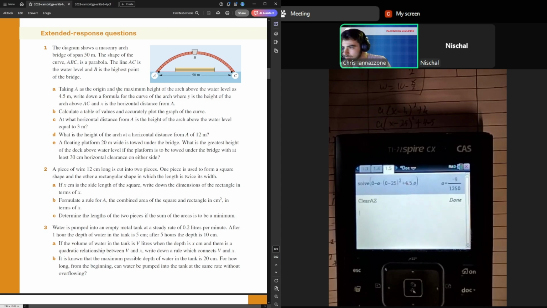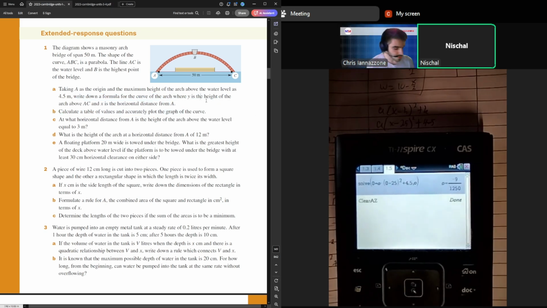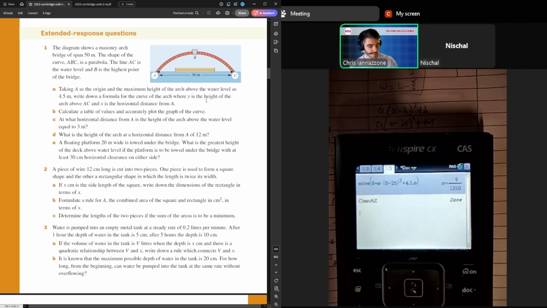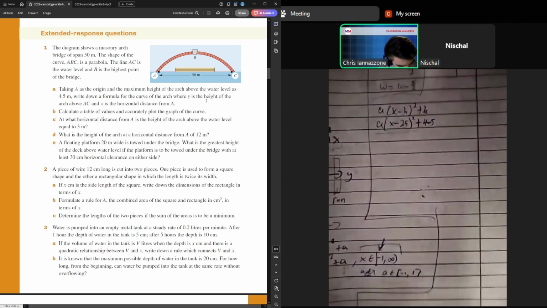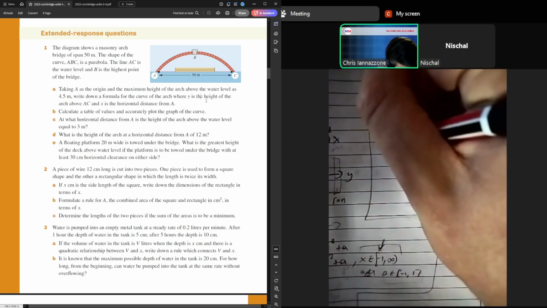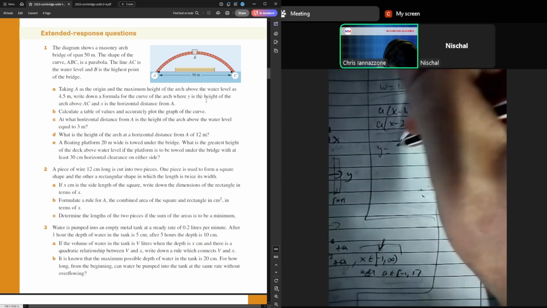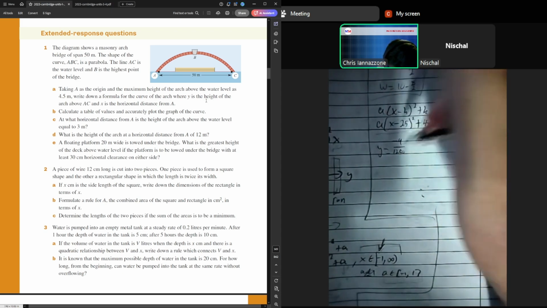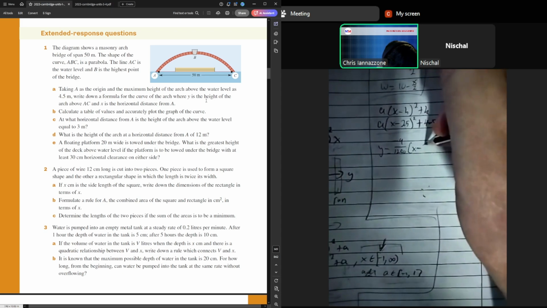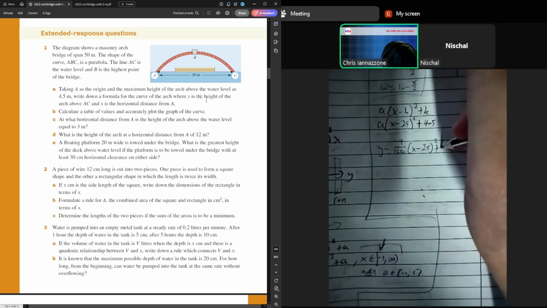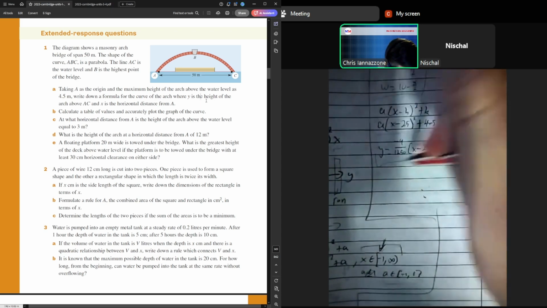Okay, did we answer the full question? So, write the formula. Y is the height, x is the horizontal distance. When asking for the formula, you write down a(x - h)^2 + k. So the final answer for this one would be y = -9/1250 (x - 25)^2 + 4.5, and that's what you give as your final answer.